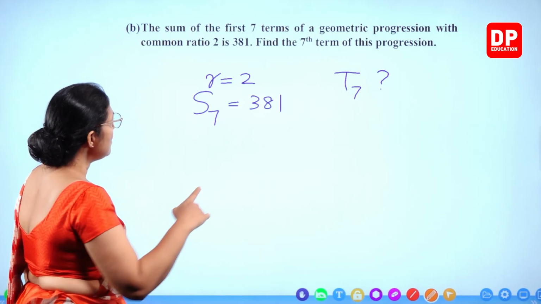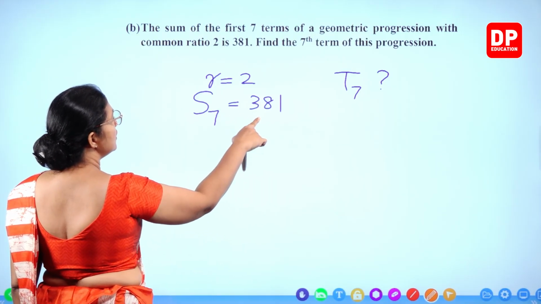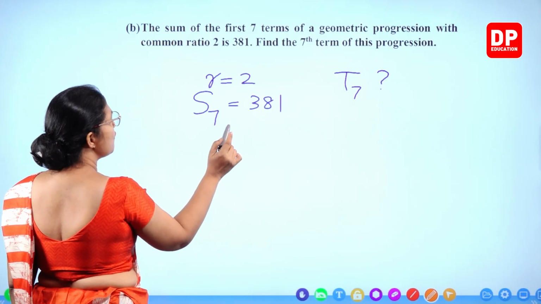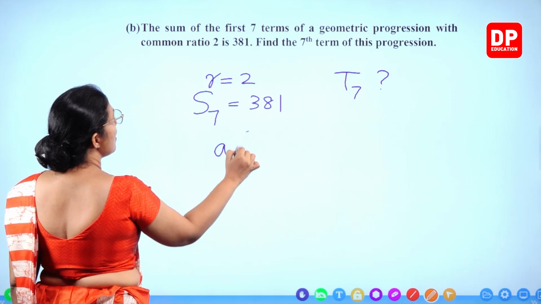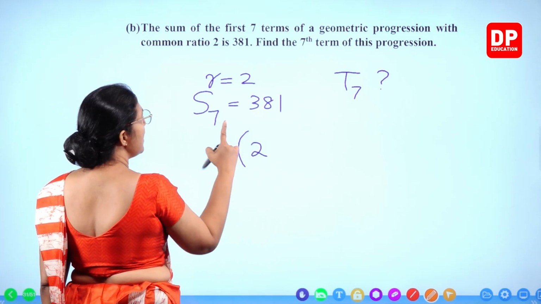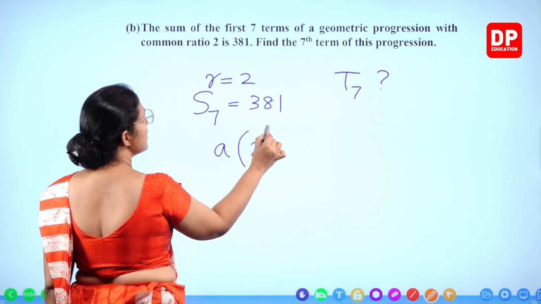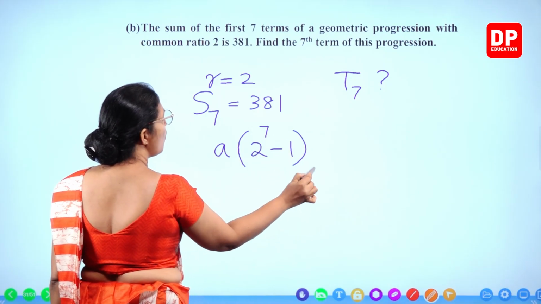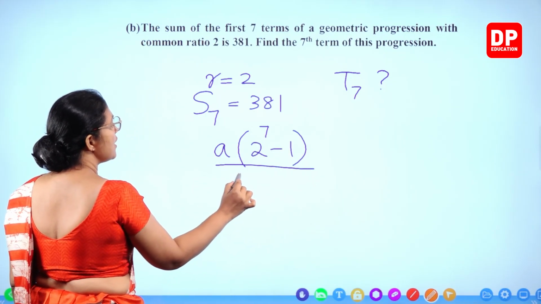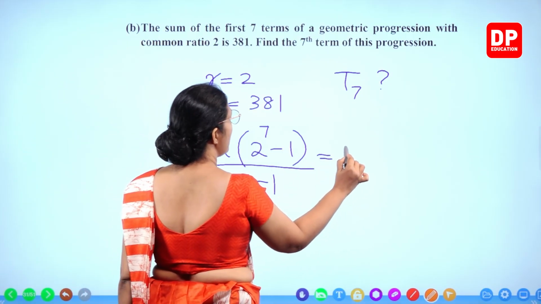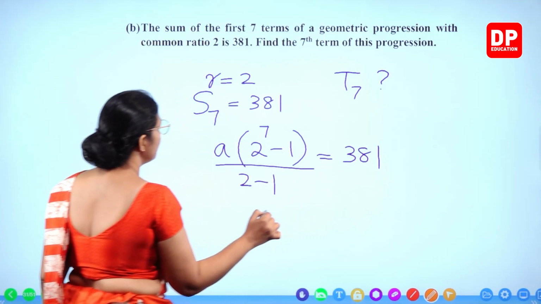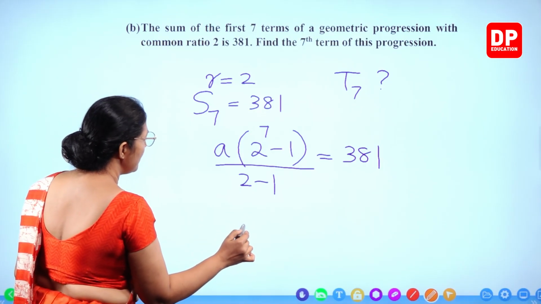So we can use the geometric formula for sum. What is the formula? a times r to the power n minus 1, so this is 7 minus 1, over r minus 1.